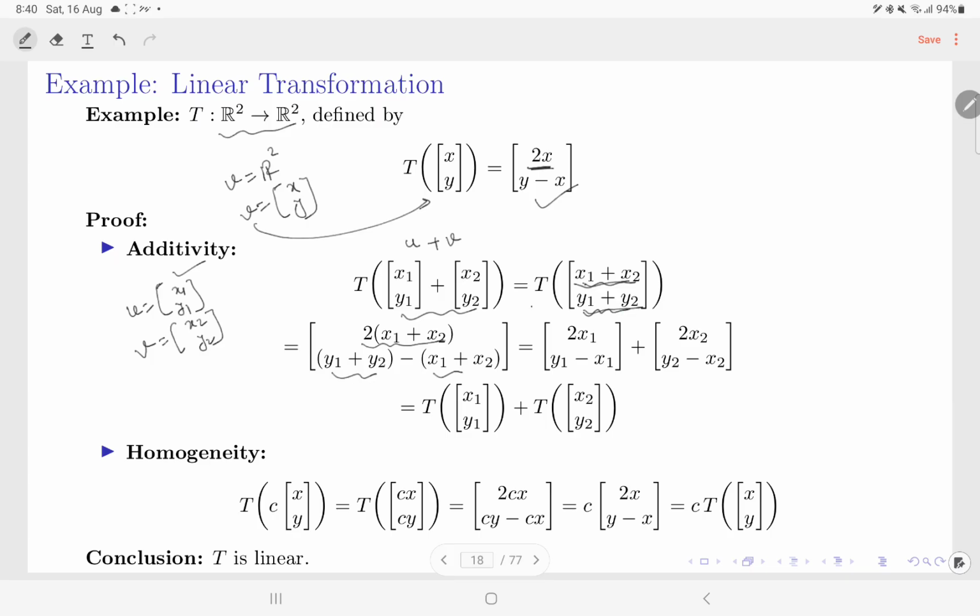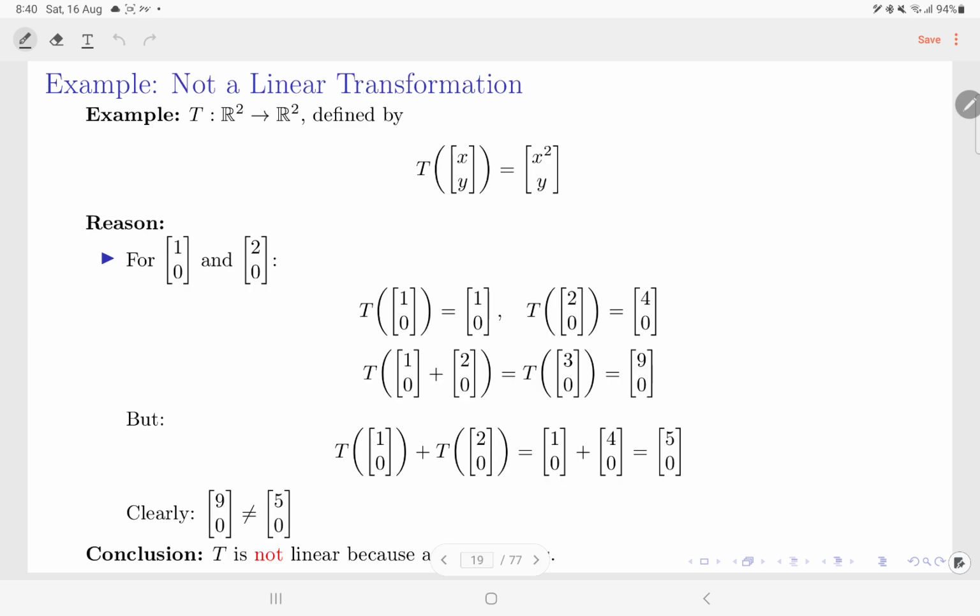Now when you explicitly write this one, this is nothing but your transformation for the first vector x1 y1, plus the transformation from the definition itself. Okay, now similarly you can show the homogeneity property, and hence the transformation is linear. Just quickly go over it.